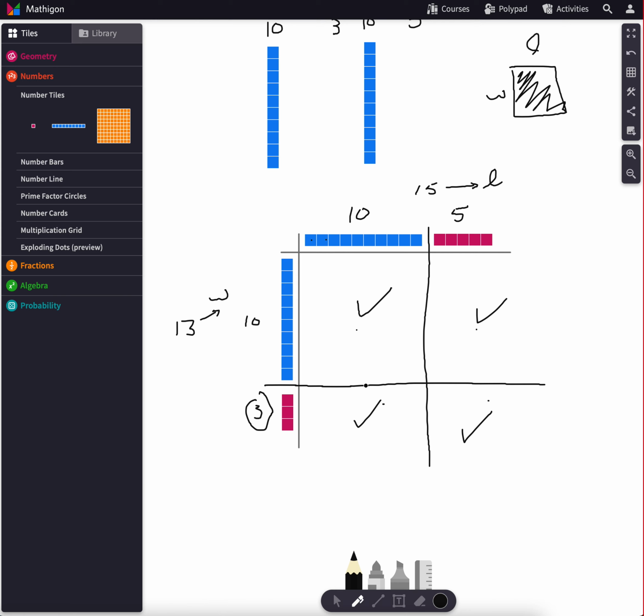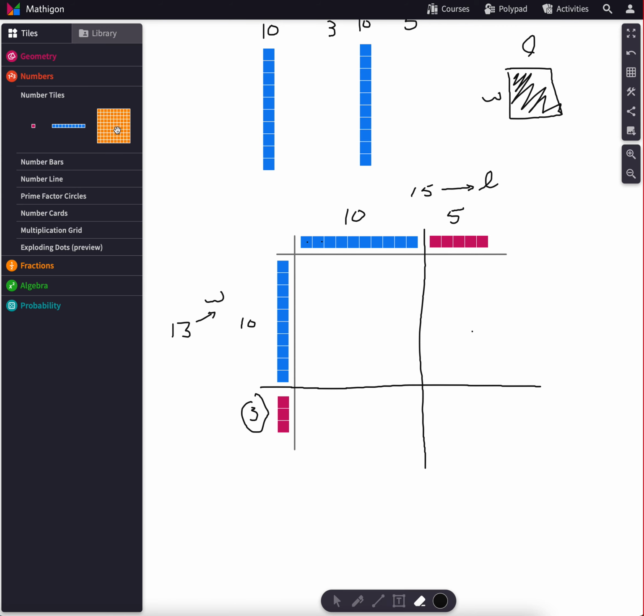Okay. Does anybody have any questions so far? Are we okay? Okay, so this is what I really like about the base 10 material. I think most of us are okay with the fact that 10 times 10 gives us 100.